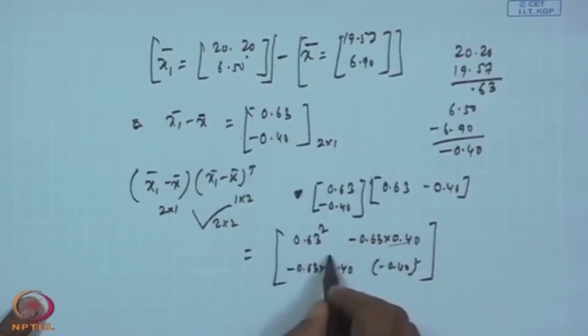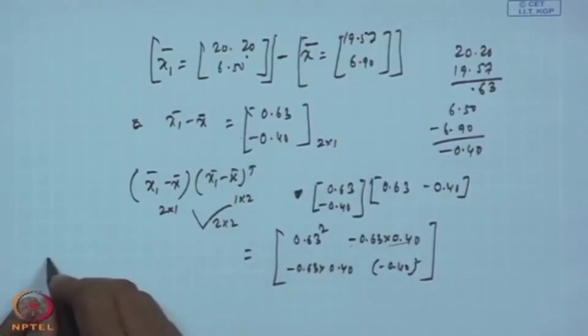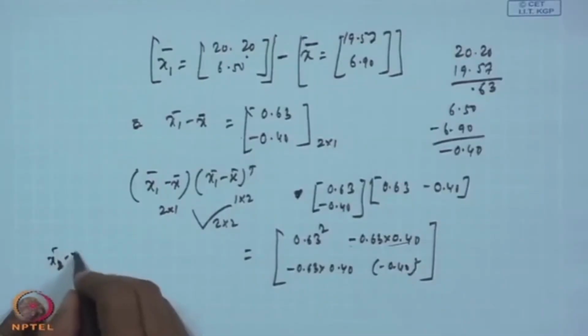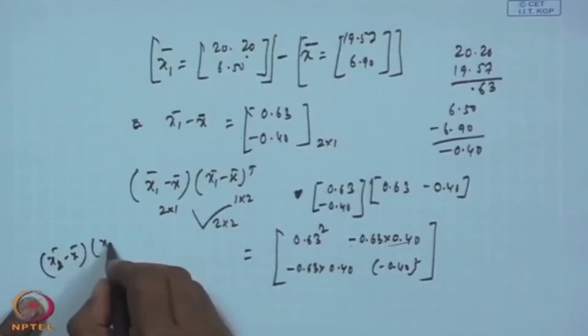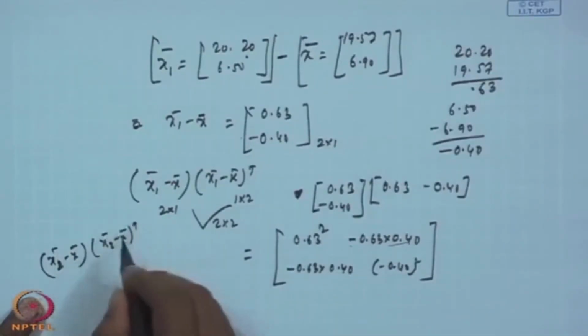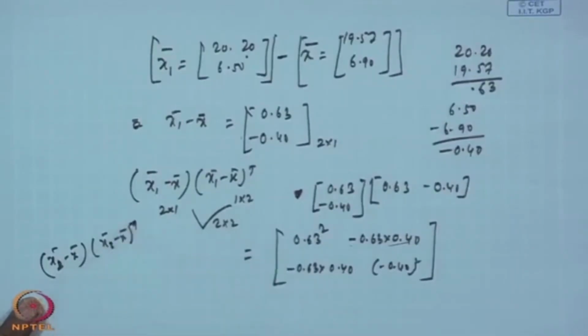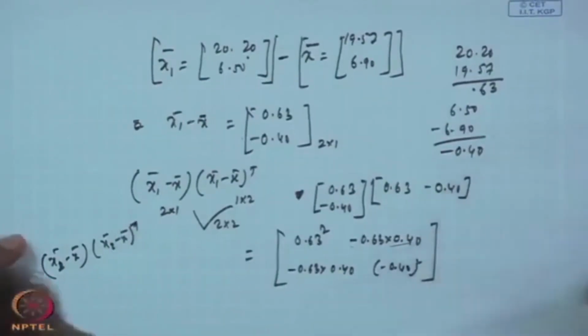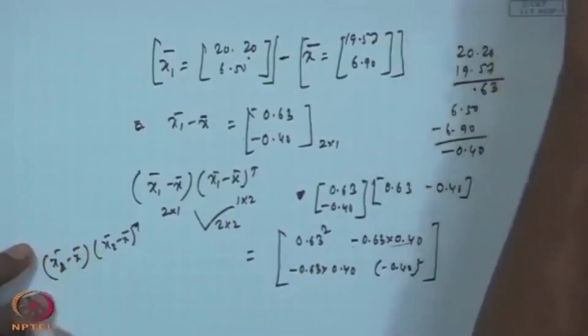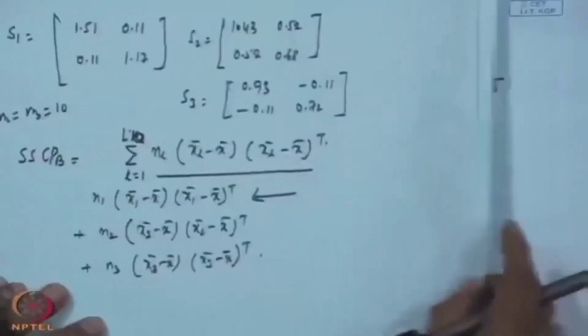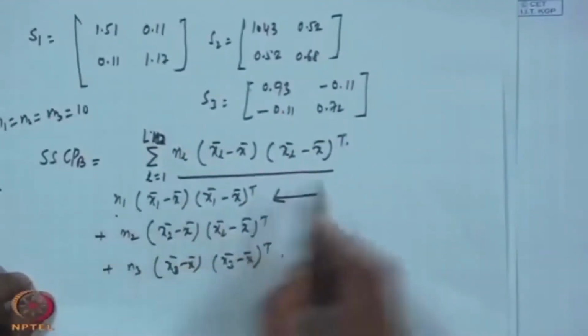In similar manner, you will be getting x2 bar minus x bar, x2 bar minus x bar transpose, and x3 bar minus x bar, this transpose. So, now what will be the resultant value? Resultant value is this, n1 equal to 10.